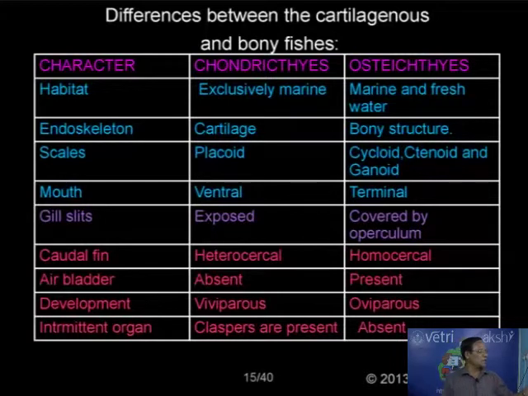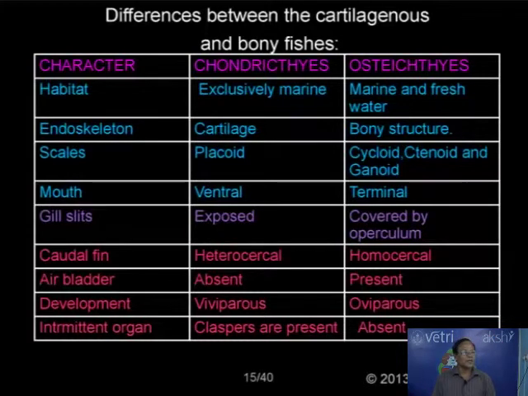We have seen already in the case of the shark that the mouth is ventral, but here it is terminal. You can see later in the case of cuttlefish or other types of fishes. Then gill slits: no operculum in sharks, simply exposed. But in the bony fishes you have a gill cover, called the operculum. Then the caudal fin has unequal lobes, that is why it is called heterocercal, and here equal lobes, that is why it is called homocercal.